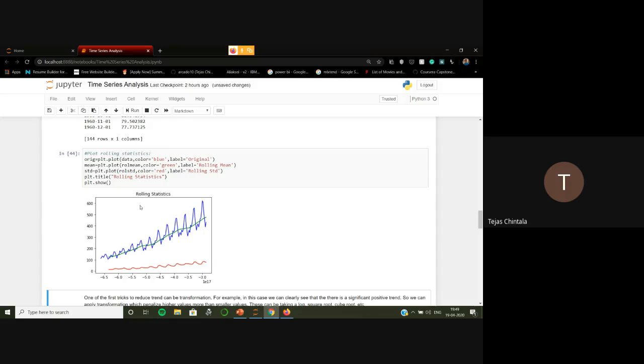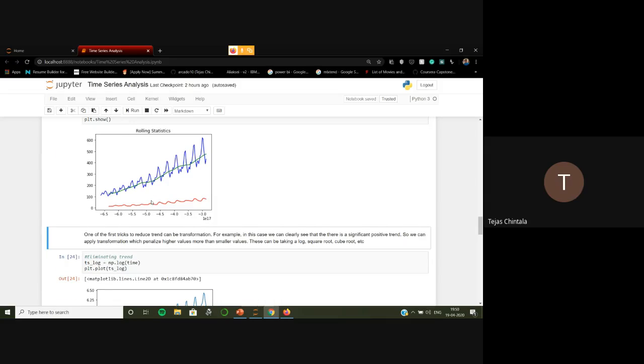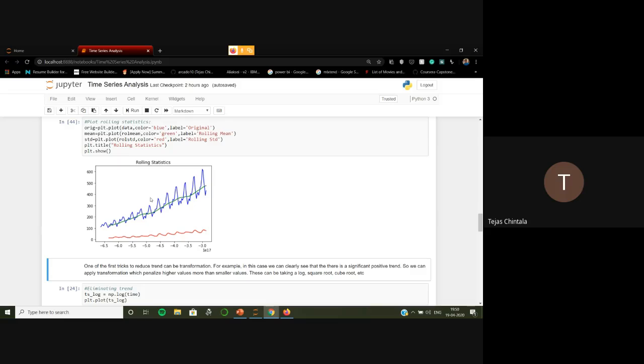They should be constant. But here in the graph, we see that it's increasing, so there's a change over different intervals of time. This is how we implement rolling statistics tests to check whether the time series is stationary or not.